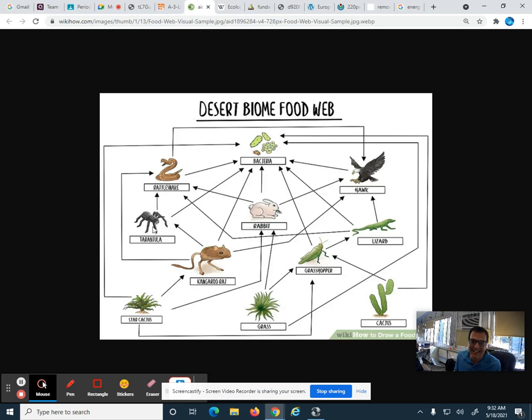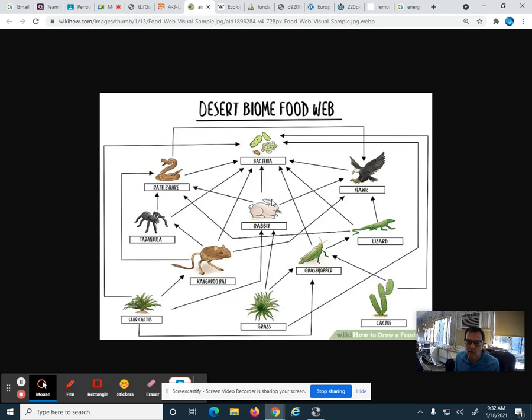Okay? If you are a second level consumer, you eat the consumers that eat the producers, right? So like the lizard eats the grasshopper, which eats the producers. And then if you are a tertiary top level consumer, you eat the other consumers below you. Okay? So those are some of the levels and connections in biomes or food webs.